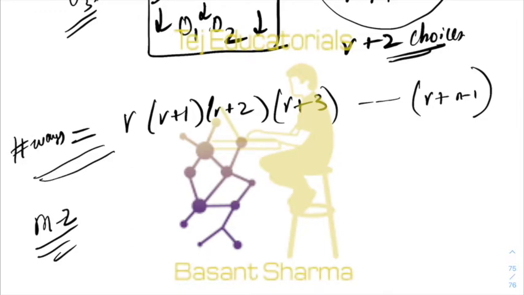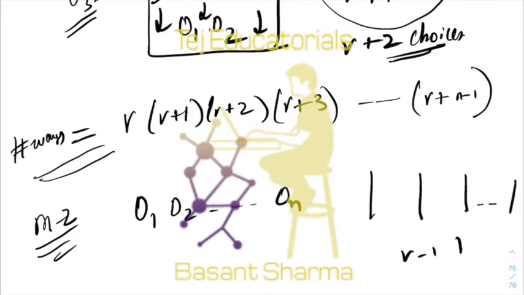Now think about it. You have O1, O2 till On, n different objects. What I can do is, you want to distribute it amongst r boxes or r different persons. Take r minus 1 bars.